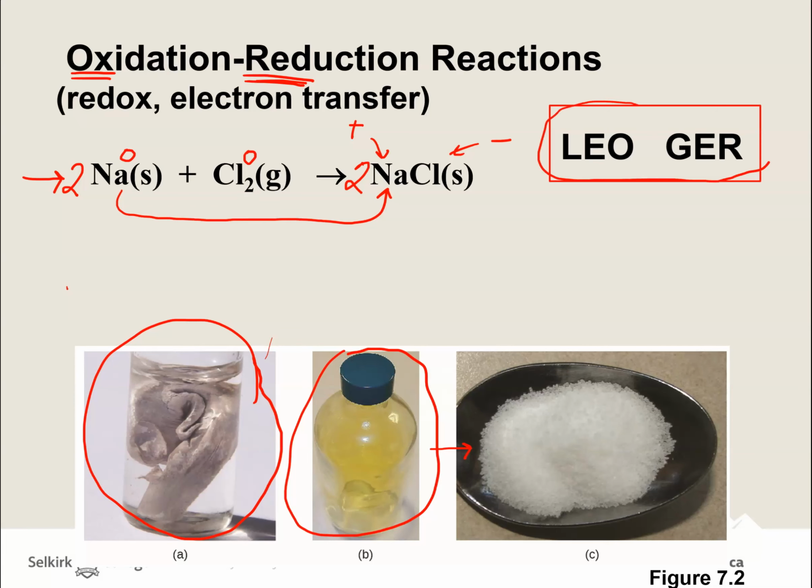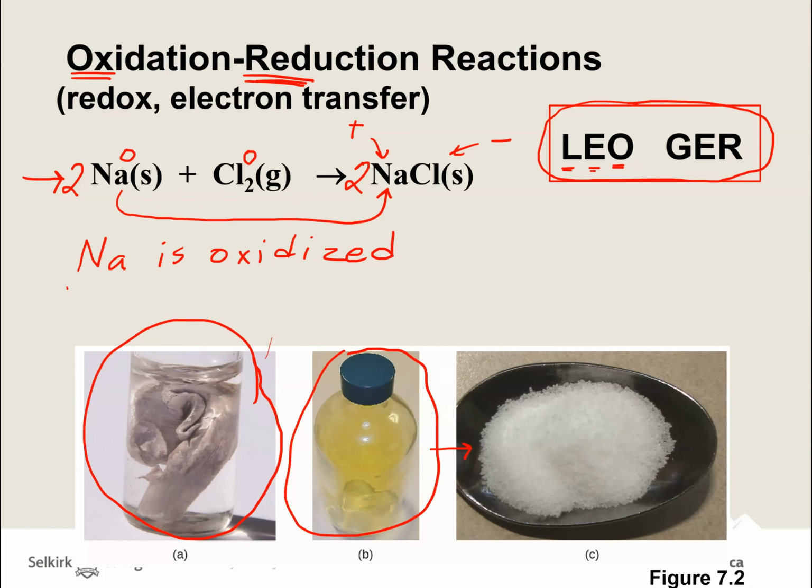You may have learned that Leo the lion says grr. And what that tells me is that the loss of electrons is called oxidation. So sodium lost a negative electron to become positive. The sodium is oxidized. It underwent an oxidation.